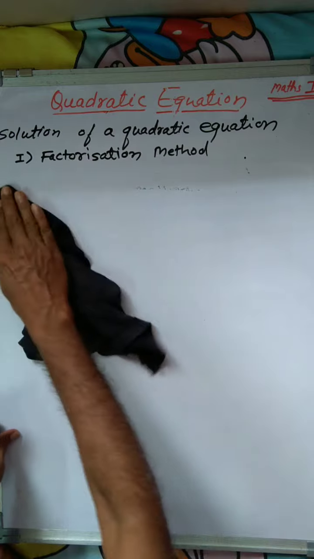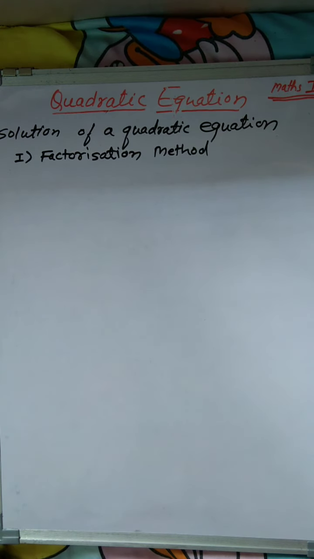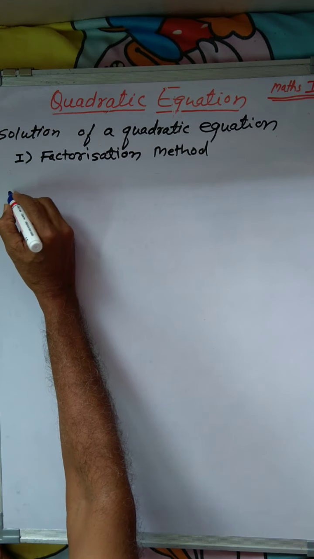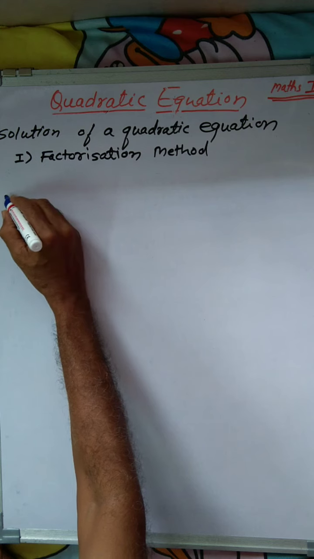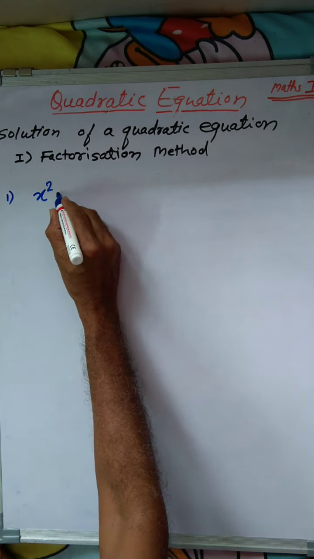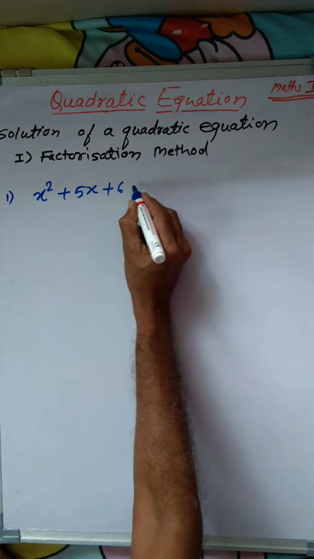We take some examples for this. We take the first example, a quadratic equation. Suppose there is x square plus 5x plus 6 is equal to 0.